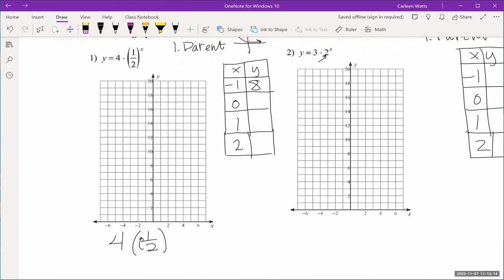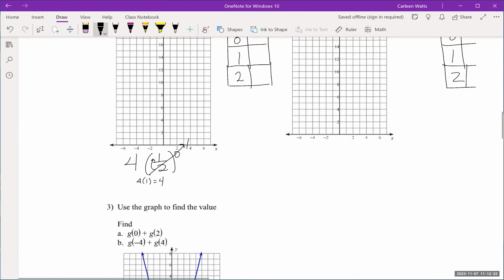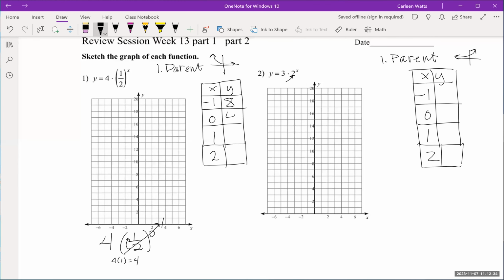0. Okay. So this is always 1, right? So this becomes 4 times 1 is 4. Oh, look, it starts at 4.